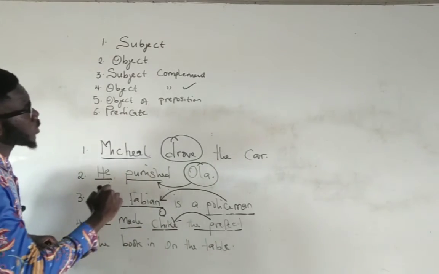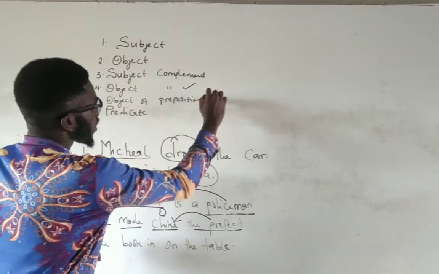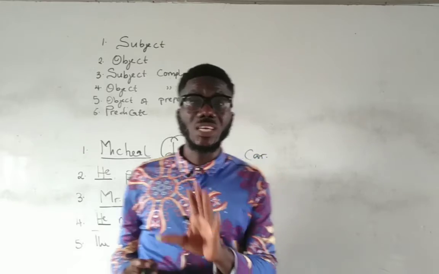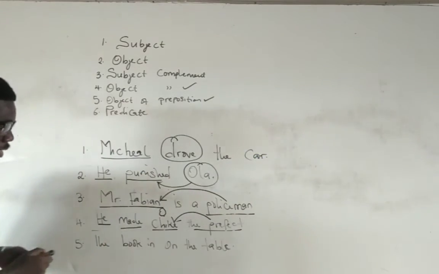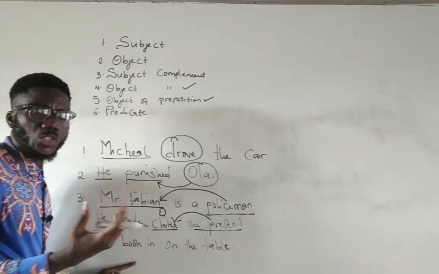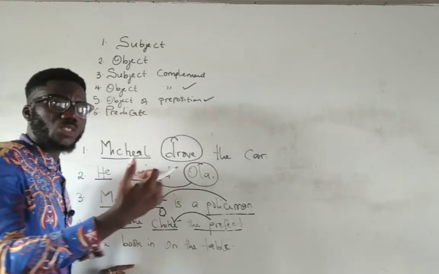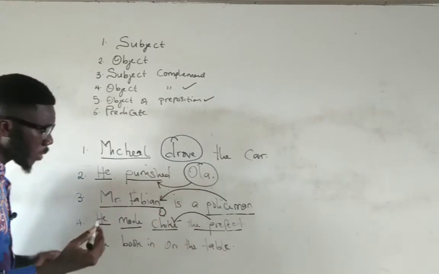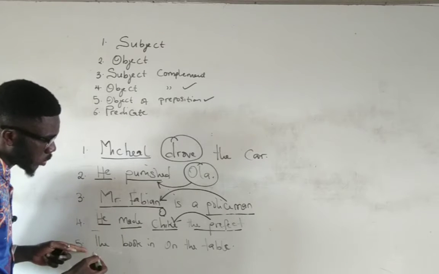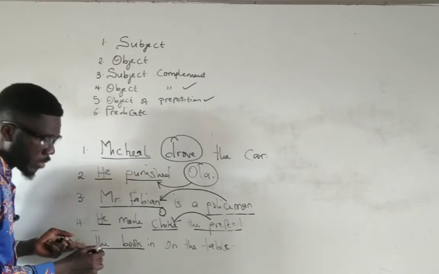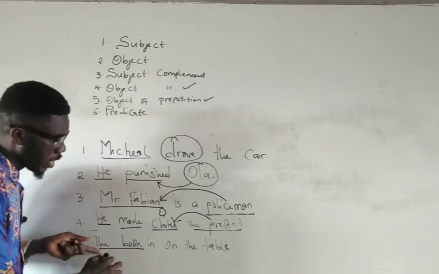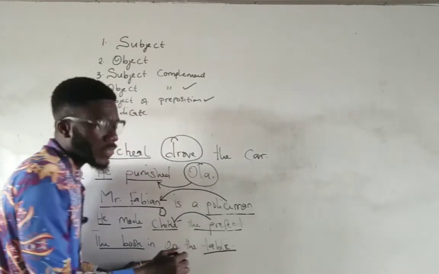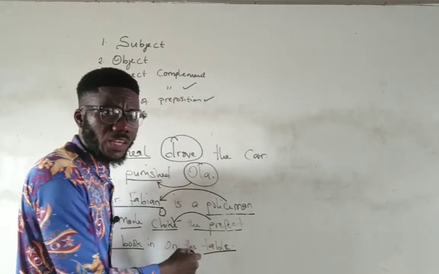All right. The next one, we then have the object of a preposition. Take a look at this sentence. The object of a verb is supposed to receive the action in that sentence. But take a look at this one: The book is on the table. The book is the subject of this sentence. There is an object here, but this object does not receive any action.